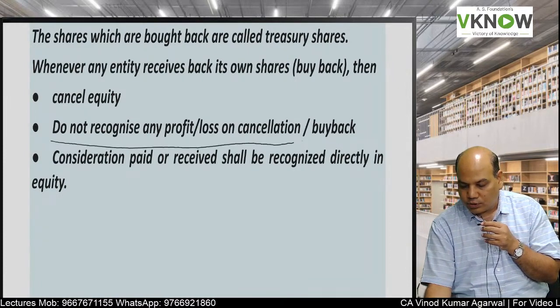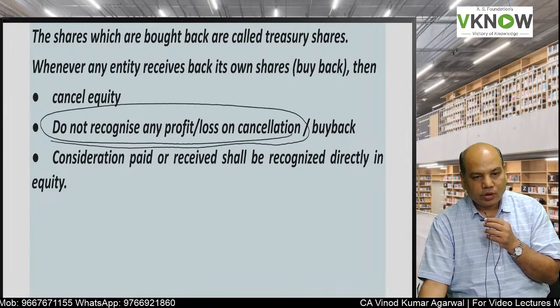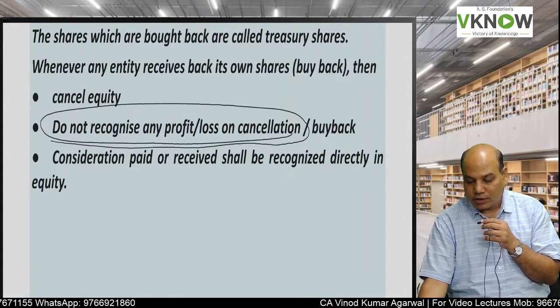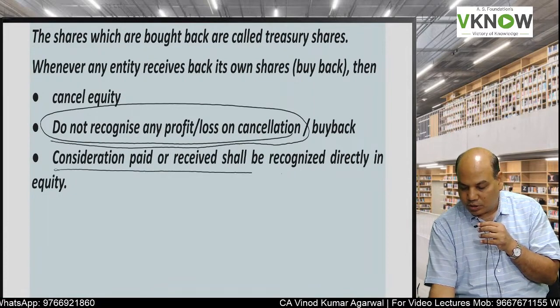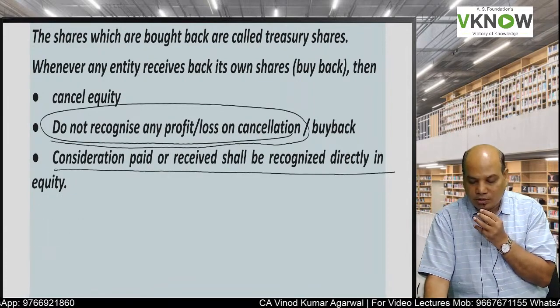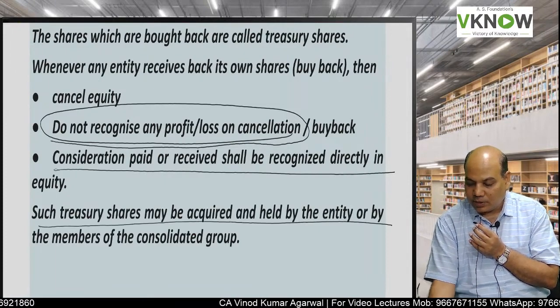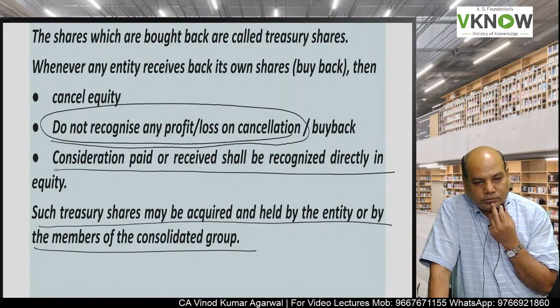Profit or loss will not be recognized in the P&L account. Rather, it will be adjusted in equity only. Consideration paid or received will be recognized directly in equity. Such treasury shares may be acquired and held by the entity or by members of the consolidated group.